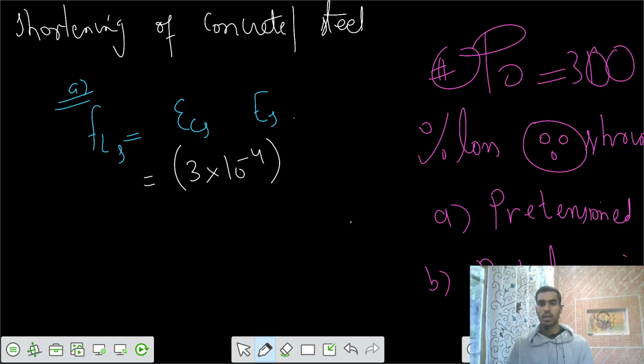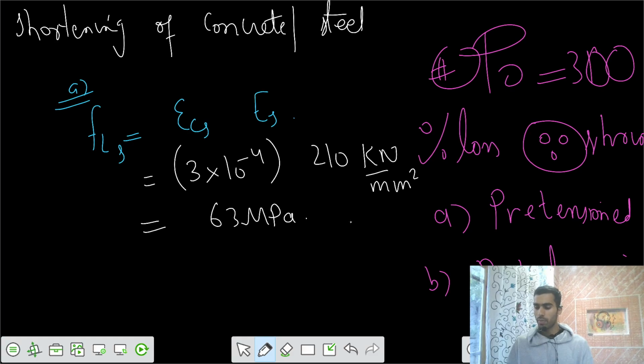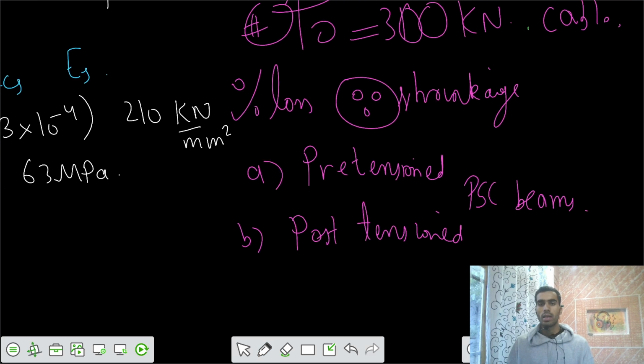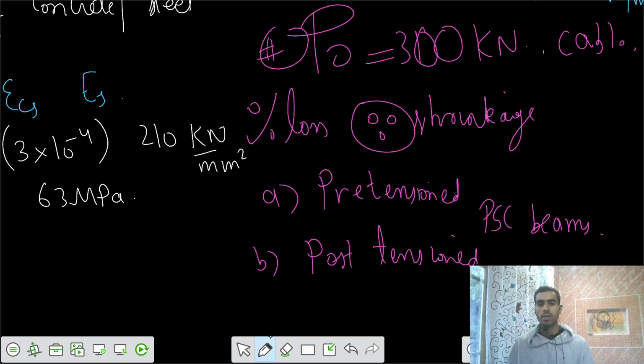This is a strain, and with 210 kilonewton per millimeter square as the value of Es, the loss of stress comes to be 63 megapascal.